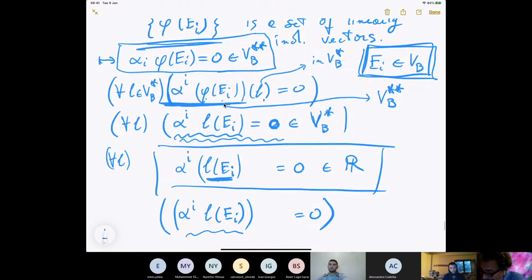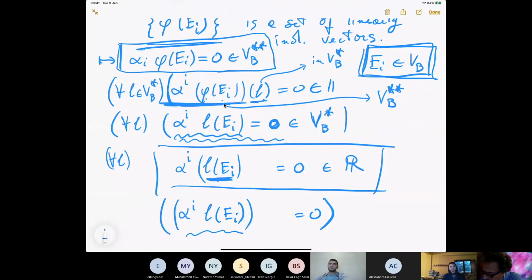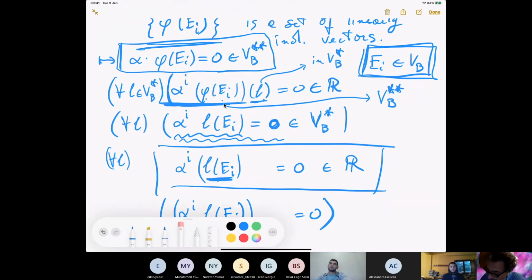So what I do, I apply this element in V star star B to every L in V star B, and what I get is a real number. You see, I placed the index in the wrong position at the beginning, and this was the cause of a chain of mistakes, which now we are solving simply because we recognized that the index has to be up, otherwise we will keep doing wrong things.